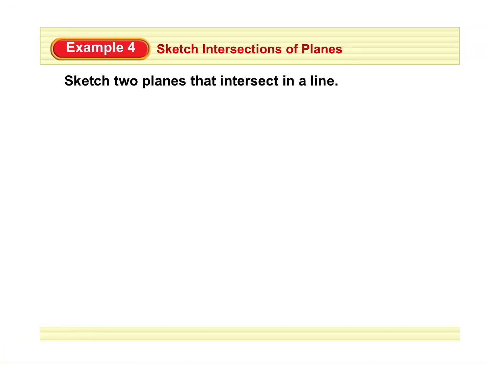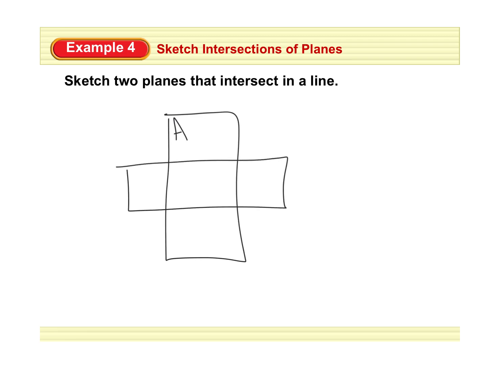Next one, we want to sketch two planes that intersect in a line. So I'm going to start with one plane, plane A. How can I make another plane intersect that plane? Yep. And then that line would be right here.